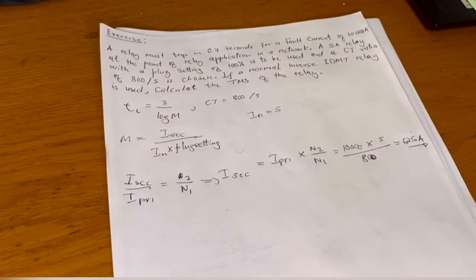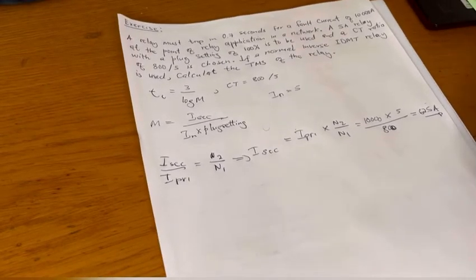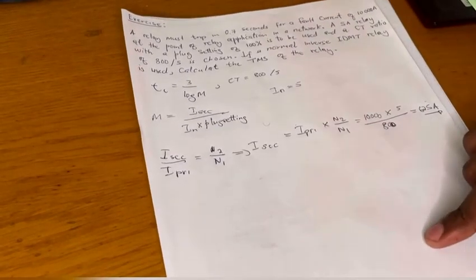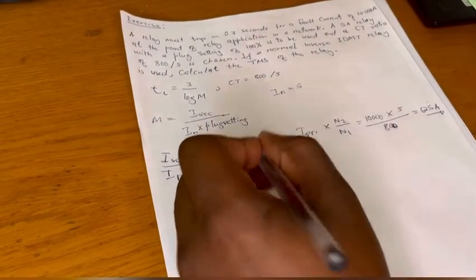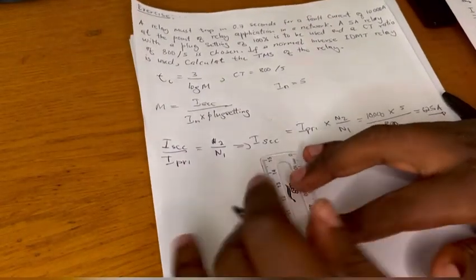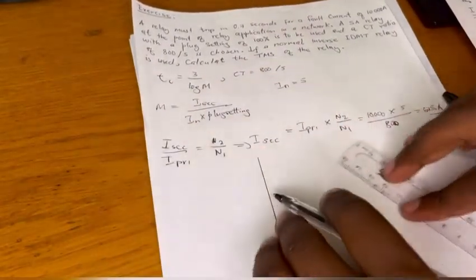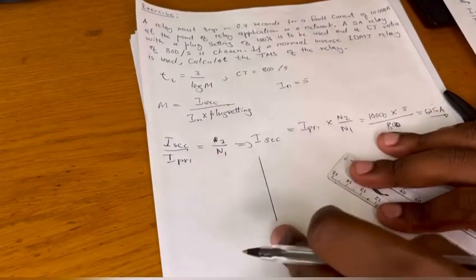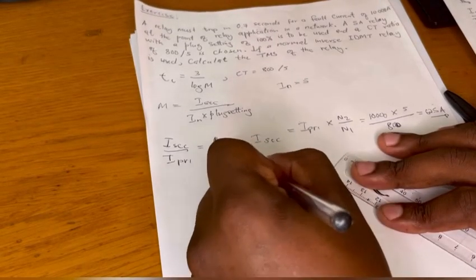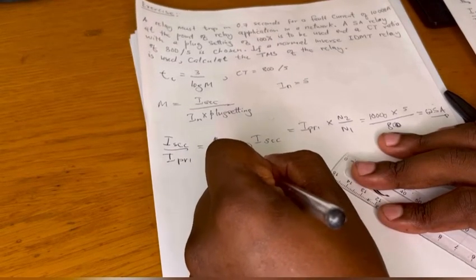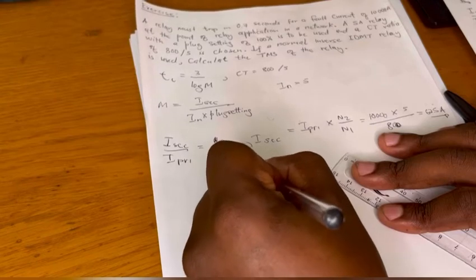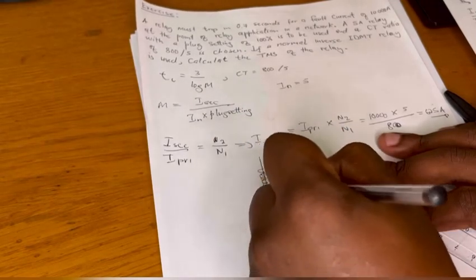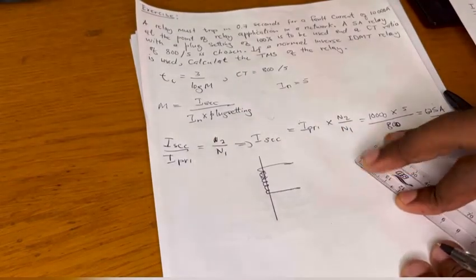To give a clear picture, let me show you where the relay is actually placed. This is the line, the cable that is carrying the fault current. We have the current transformer, so it's moving like this.